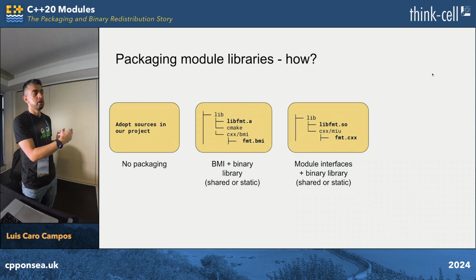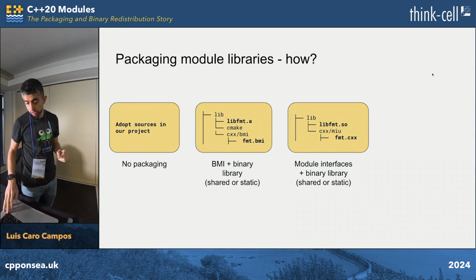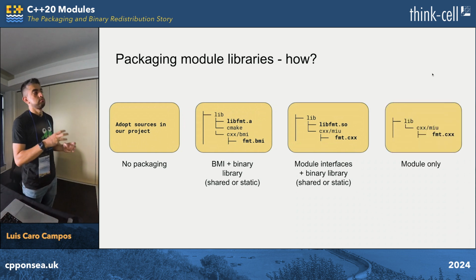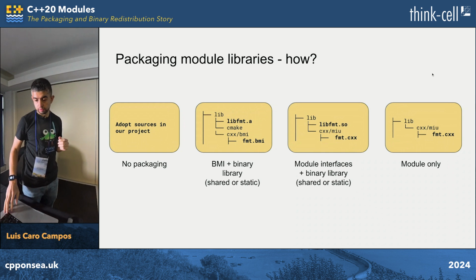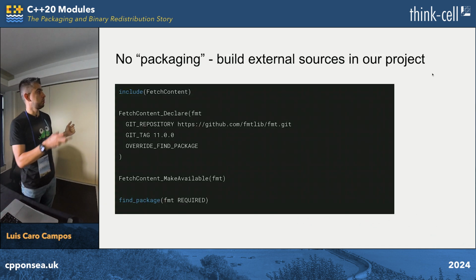And remember, it doesn't have to have any implementation in it. On the important side, the compiler only needs to know the declarations. Or how about module only? How about I only give you the sources, and I give you nothing else? How does that work compared to header-only files?